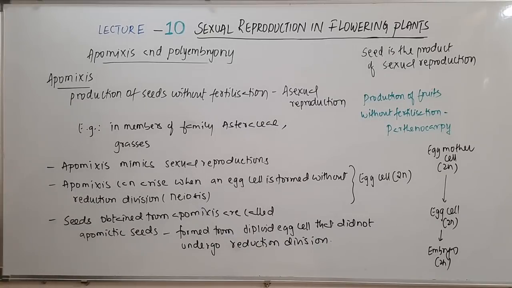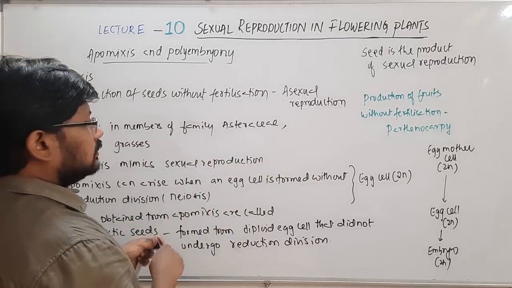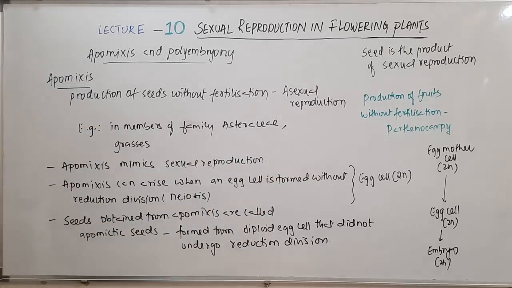It is a form of asexual reproduction, seen in members of families like Asteraceae and grasses. This apomixis mimics sexual reproduction, and it can arise when an egg cell is formed without reduction division.